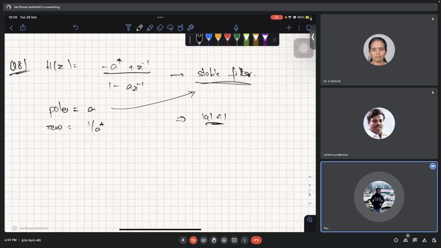The pole should be inside the unit circle. If causal, mod a is less than 1, and mod a greater than 1 if anti-causal, right? So this is what we know just from stable. He did not mention if it is causal or not. Now the group delay is always positive, or always negative, or both positive and negative.